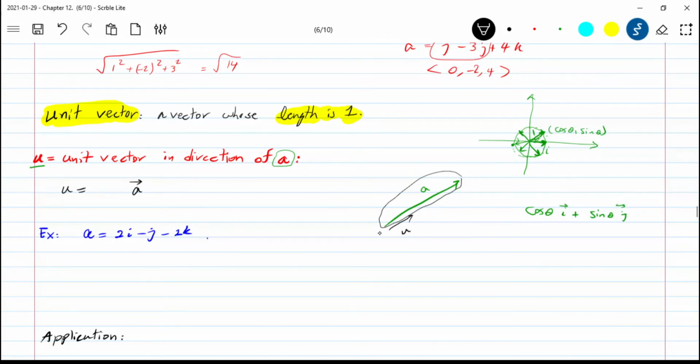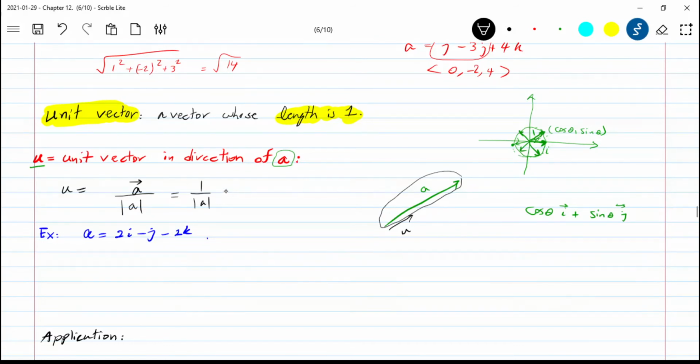That means I need to divide it by its length. So I can write this as A divided by its length. This way I get a vector that has length 1, because the vector divided by its own length would be 1 in terms of length.